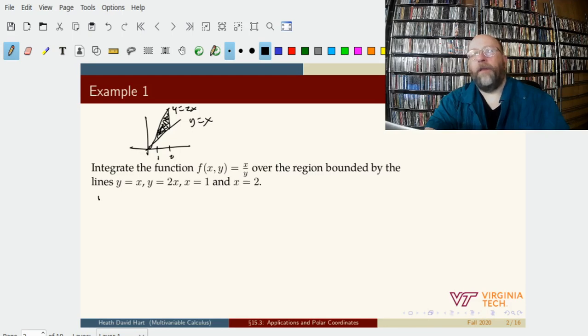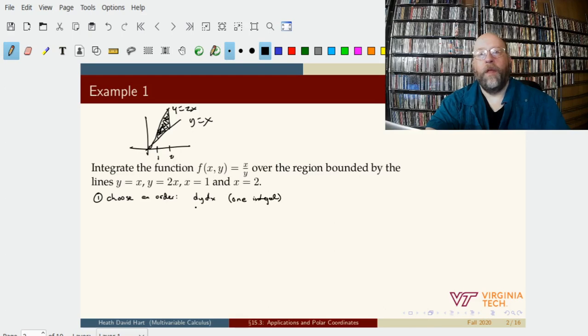All right. The first thing we want to do is choose an order of integration. Mathematically, there's no wrong answer. But this one is going to be easier to solve because we can do this in just one integral. If my arrow is traveling in the y direction, I always enter along this diagonal line and I always leave it along this diagonal line.